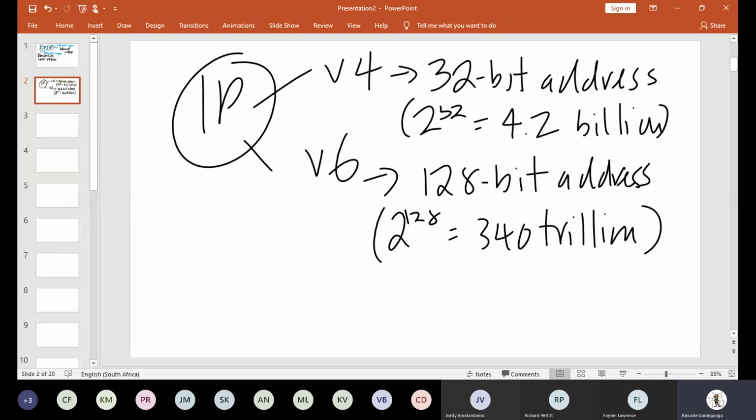But ultimately, if you want to look at it from a different perspective, IP version 6's main issue is that it was designed to replace IP version 4 as opposed to upgrade IP version 4. So remember, there's a difference there from a technical point of view. If you're upgrading something, you've got a foundation to work on. If you're replacing, then that means you're coming with completely new architecture, completely new conventions or configurations.